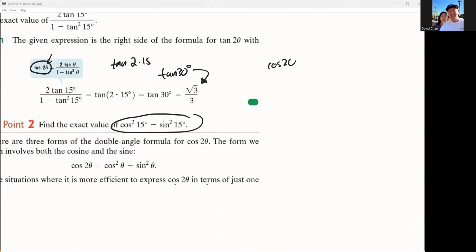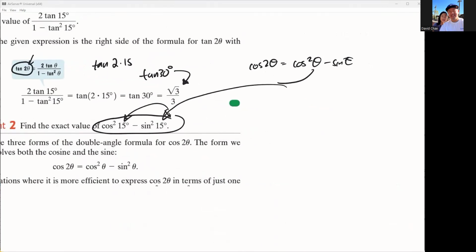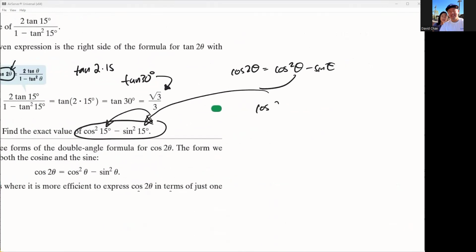Because cosine 2 theta is equal to cosine squared theta minus sine squared theta. You see how this follows this? This is theta, this is theta. So this is cosine 2 theta, and theta is 15. So this is cosine of 30. What's the cosine of 30 equal to?